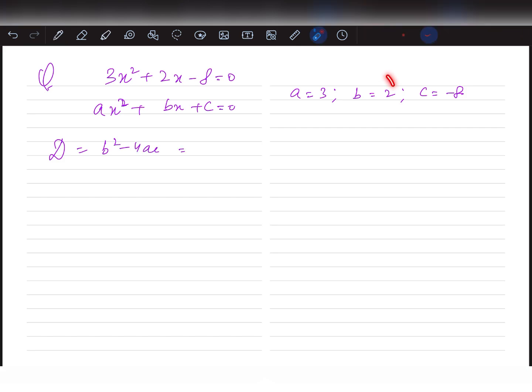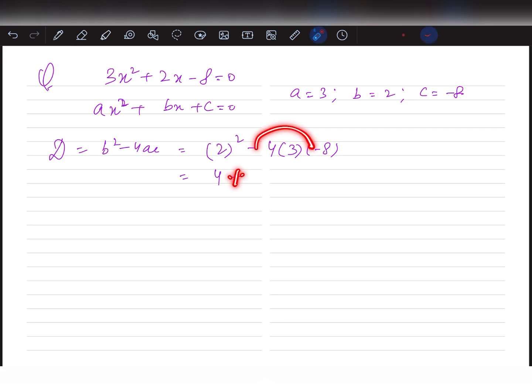We know that b equals 2, c equals -8, and a equals 3. Let's put this into the equation and figure out the value of D. With b squared first, minus 4 times a times c, we get 4 minus, and minus times minus turns positive.